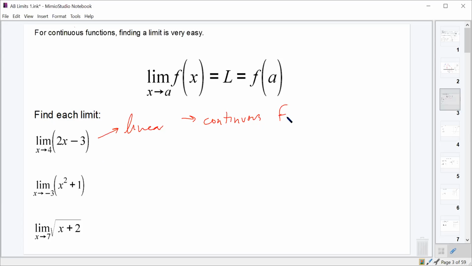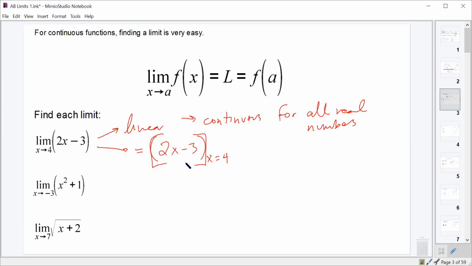So this is continuous for all real numbers, which means that the limit as x approaches 4 just ought to equal the function evaluated at x equals 4. And this is how I'm going to notate this. I may put brackets around things, or I may put parentheses around them, or I may just put a vertical bar at the end of the equation and write x equals 4.